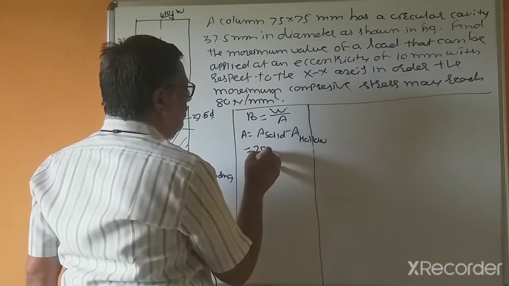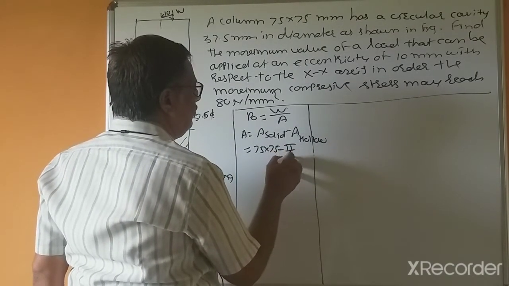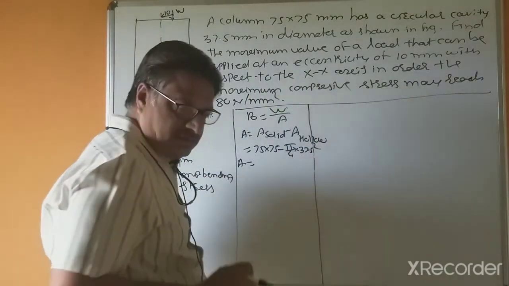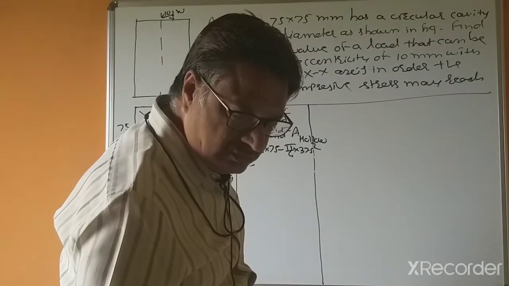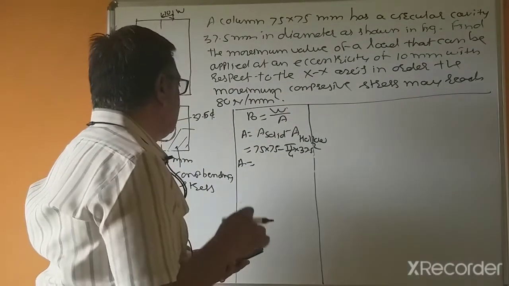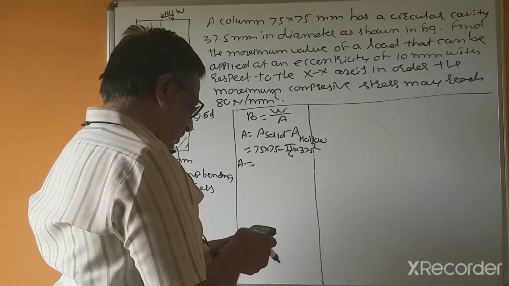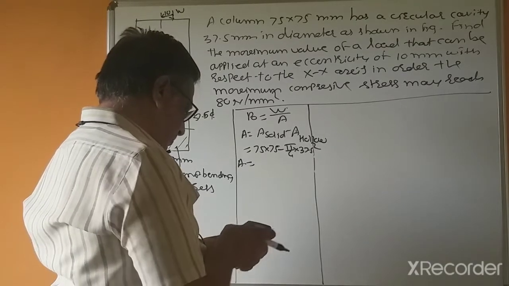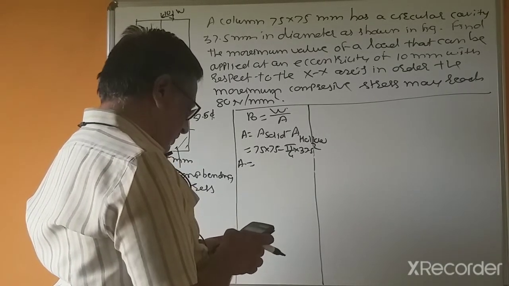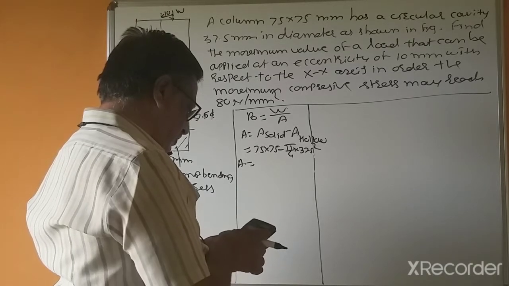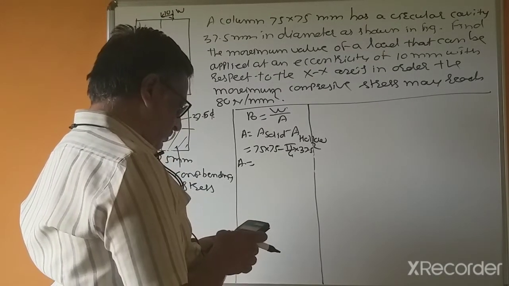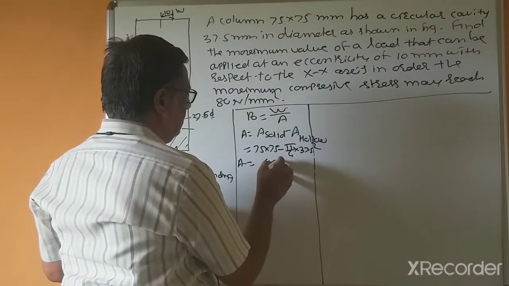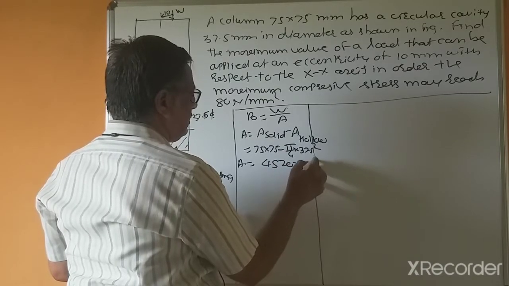Solid area 75 by 75 minus pi by 4 into 37.5 squared. Area equals 75 into 75 minus 37.5 squared multiplied by pi divided by 4. This is 4520 mm squared approximately.